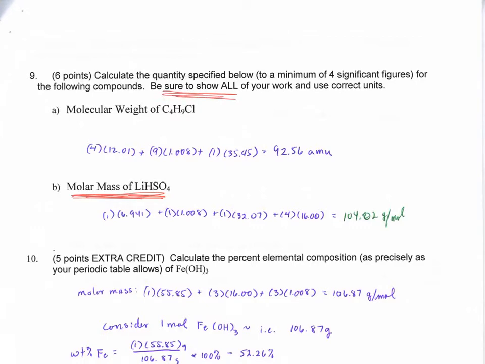So you'll have a periodic table, and here is the decimal number for lithium, and I only need one of them because that's what the formula says. Decimal number for hydrogen times 1, decimal number for sulfur times 1, decimal number for oxygen times 4. And round it to 2 decimals, and our calculator spits back 104.02, but don't forget units of molar mass are grams per mole. So I think you have a few of those.